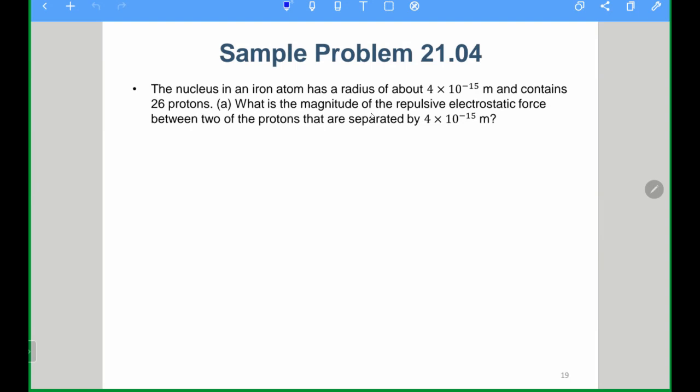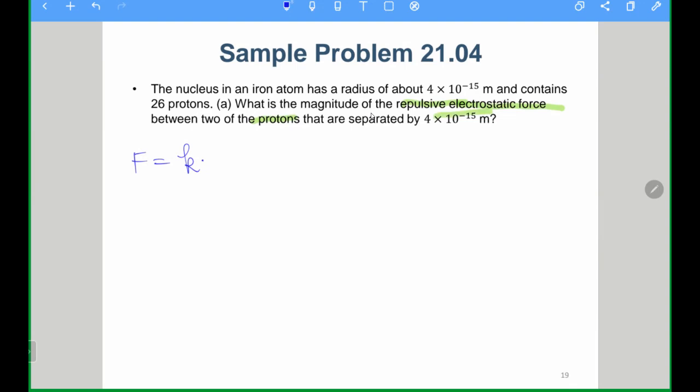Here we of course need to use the Coulomb's law. So F equals K times, this is an atom, which means that the nucleus, let's see, the repulsive electrostatic force of the 2 protons that are separated by this distance.